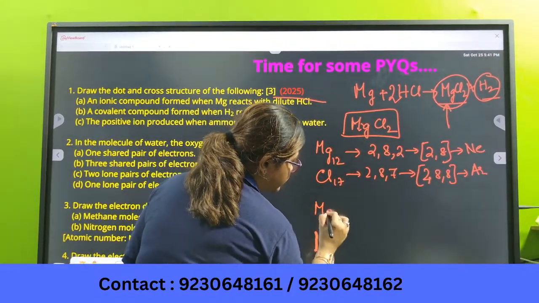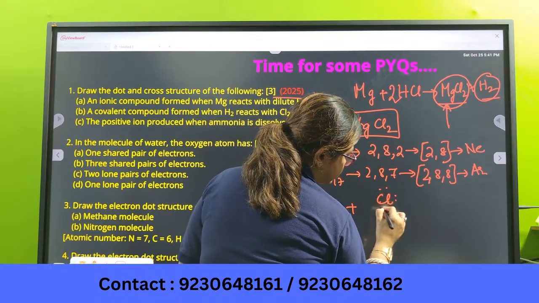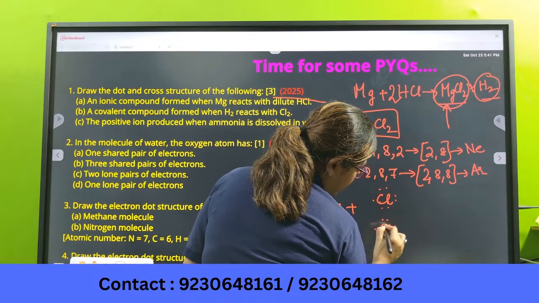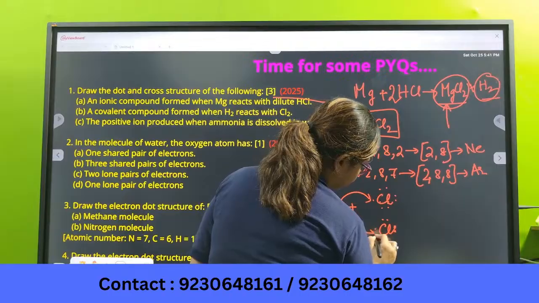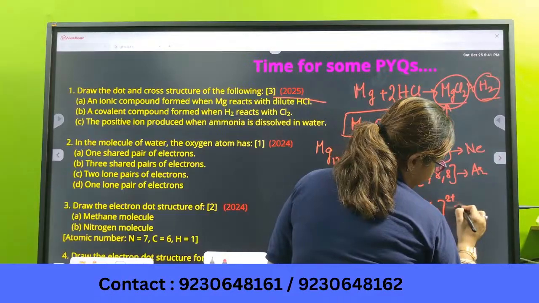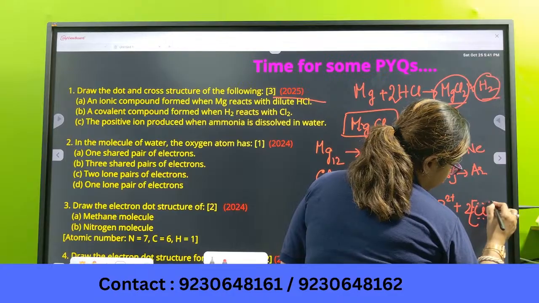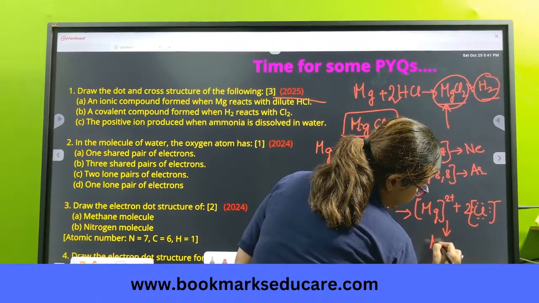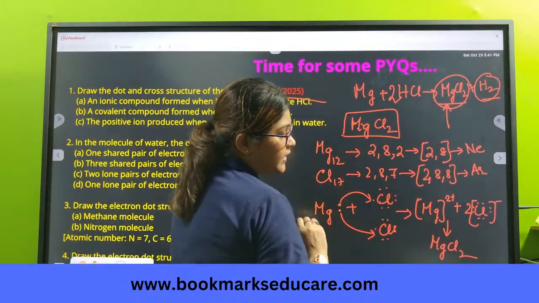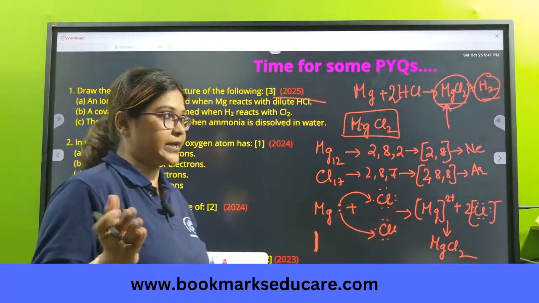So magnesium having 2 electrons will react with 2 molecules of chlorine to generate Mg2+ and 2 Cl- to give MgCl2. Correct? So this is the dot and cross structure of magnesium chloride.